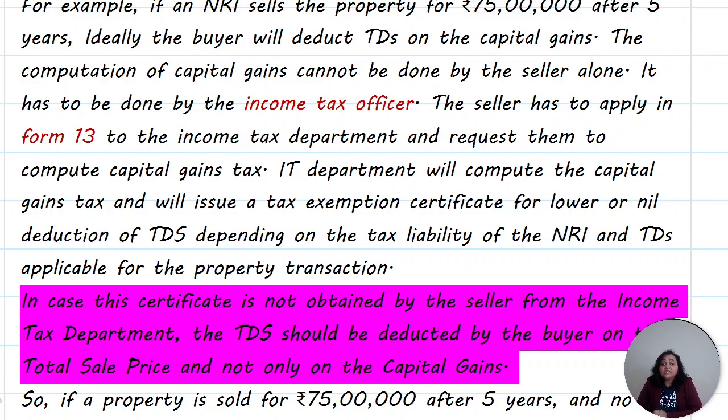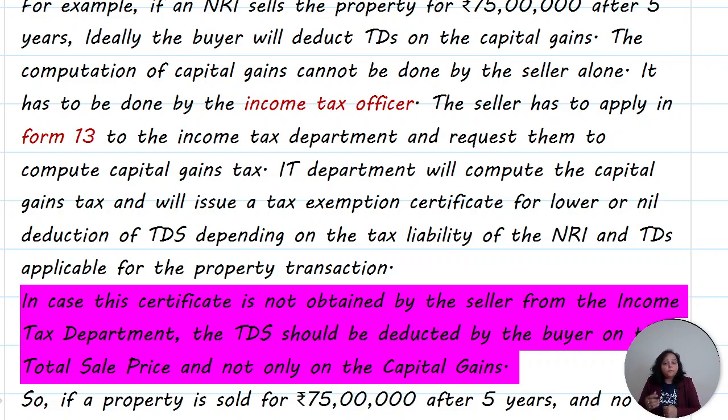Correct. But in case of NRIs, computation of the capital gains cannot be done by the NRI himself. It has to be done by the income tax officer, the assessing officer, of the particular income tax circle where your PAN card is registered, as per your house address on the PAN card.